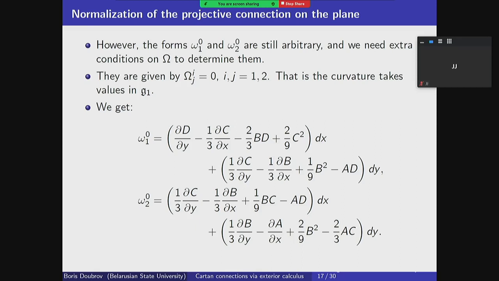And this is exactly what is called by Cartan a normal projective connection, at least on the plane. So we say that a projective connection on the plane is normal if its curvature tensor has these conditions. So the only non-zero part of the curvature stays in the upper right corner.